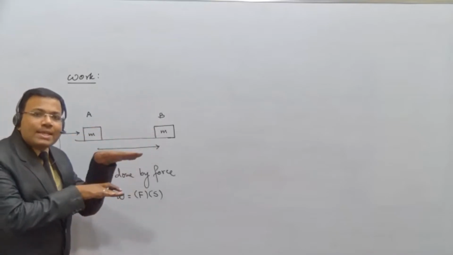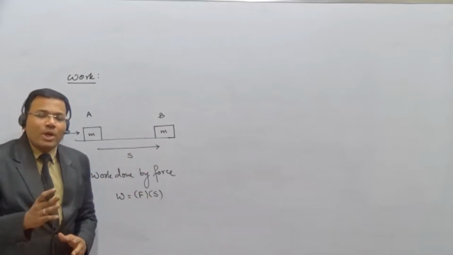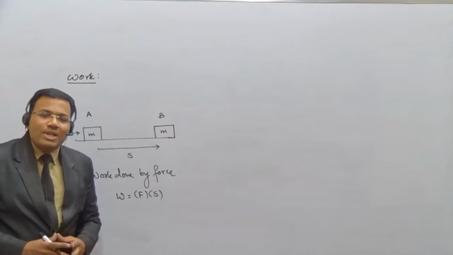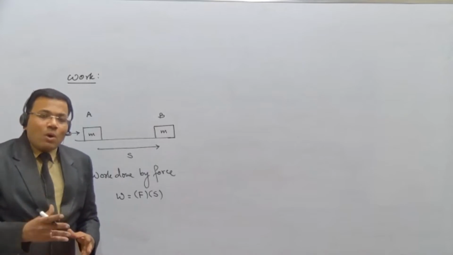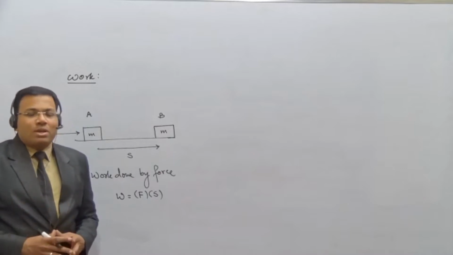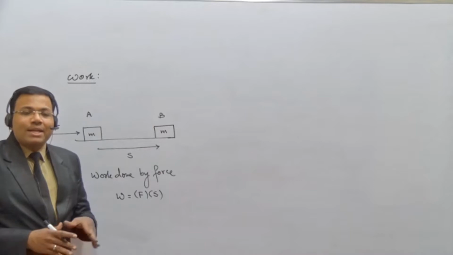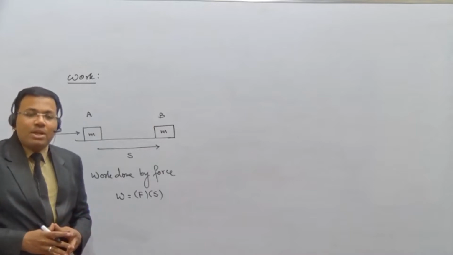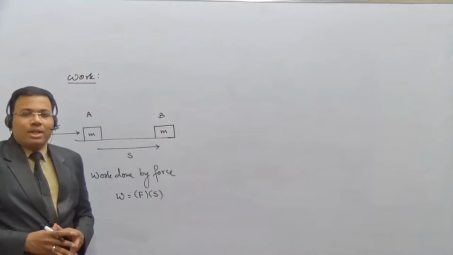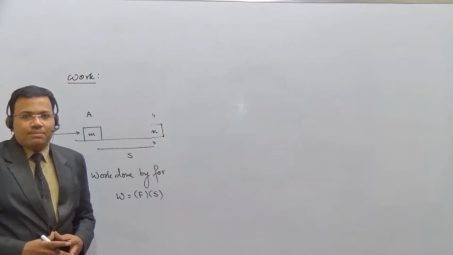Both are in the same direction. Then only we can use this formula, W is equal to F into S, the product of force and displacement. Now, the question is how to calculate work when the force applied is not exactly in the same direction as the displacement. It is inclined at some angle theta with the displacement.